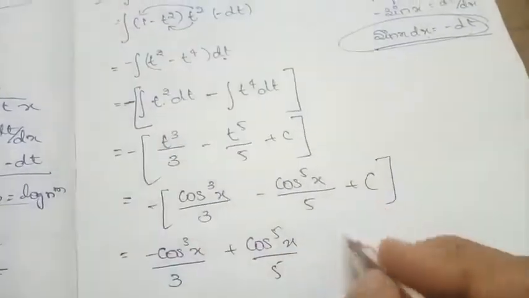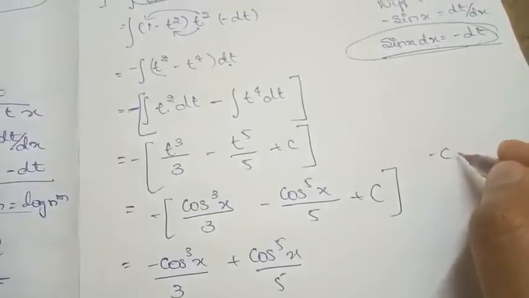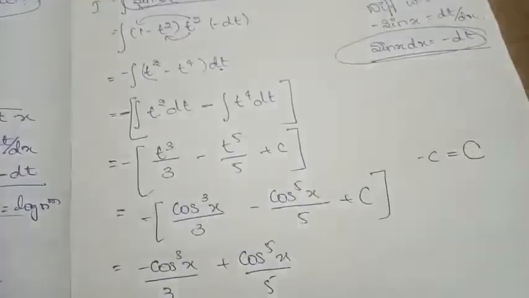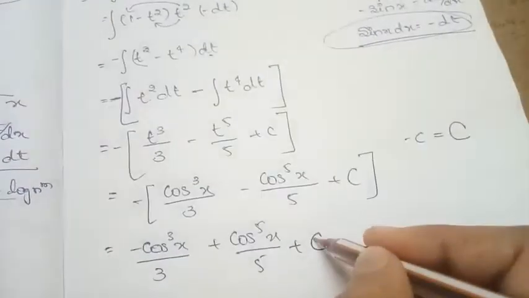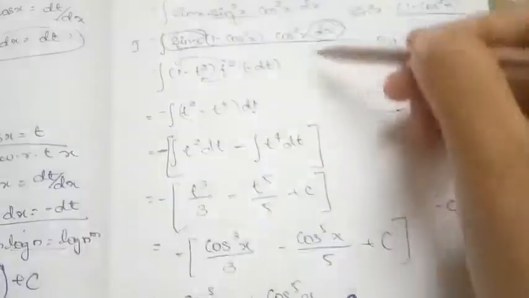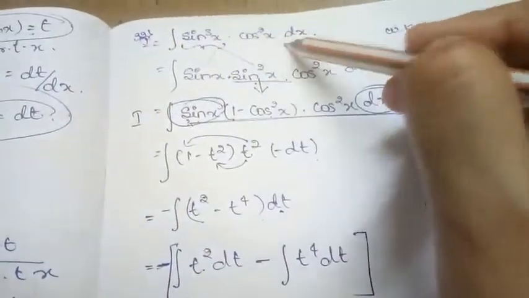If I multiply this minus to the c, it becomes minus c, again a constant. I will take minus c as equal to big C, so it becomes plus C. Since it is a constant, I have represented it in this manner. So this is the integral of the given question, sin cube x into cos square x dx.